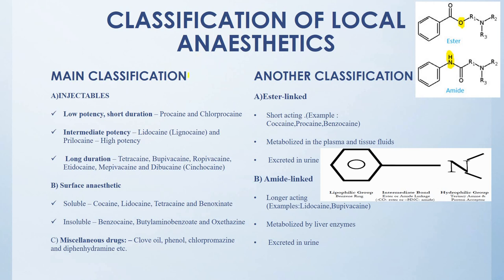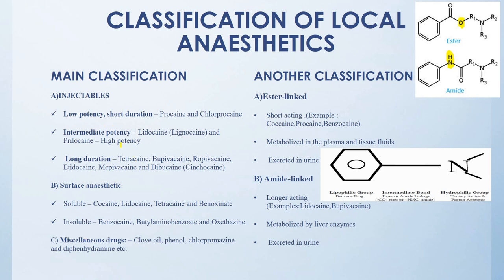The main classification comprises the injectables and the surface anesthetics. Injectables are further classified into three types: low potency, short duration; intermediate potency; and long duration. Surface anesthetics are soluble, insoluble, and the last one is miscellaneous drugs.